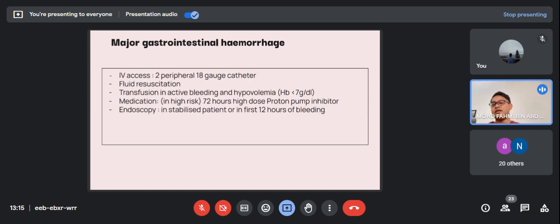Master pun tak tanya sampai level tu lah. Dia tanya basic-basic dulu. Dia akan tanya origin ataupun causation of the ischemia. Could be arterial or venous. Arterial selalunya dia extensive, hitam semua. Kalau venous dia selalu patchy-patchy sikit. Okay? So why? Kalau arterial, thrombotic or embolic lah.